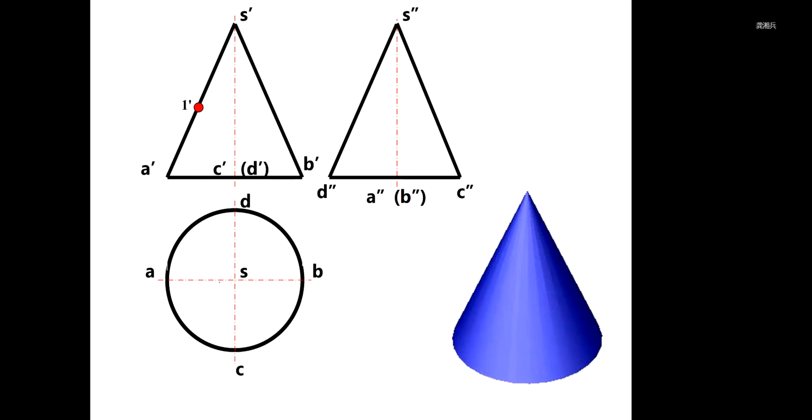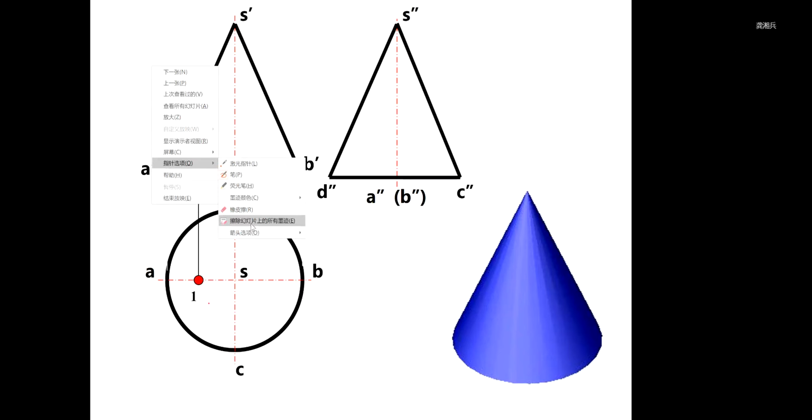So where should point 1 be? Because it's on the outline, remember this one, so A should be on here, on the line. If point 1 is not on here, it cannot be located on the SA.